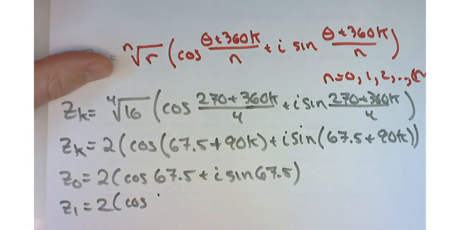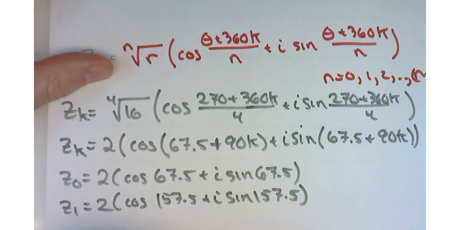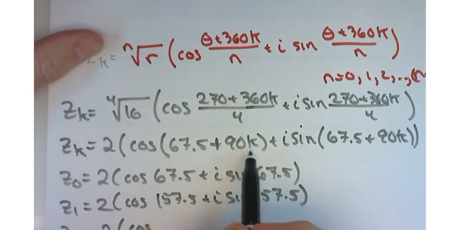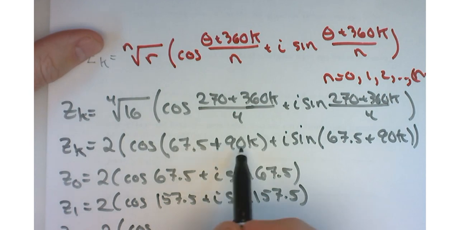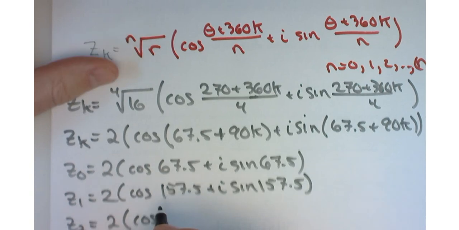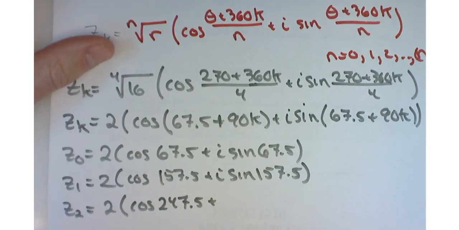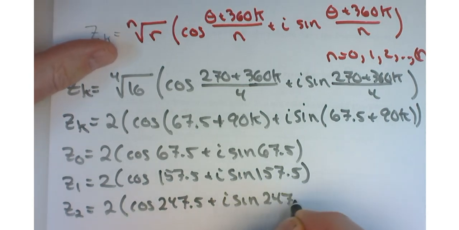So it's going to be 157.5 plus i times the sine of 157.5. And then z sub 2 will be 2 times cosine, well, 180 plus 67.5 is going to be 247.5. So 247.5. You seeing where that's coming from? Okay. And then i times the sine of 247.5.